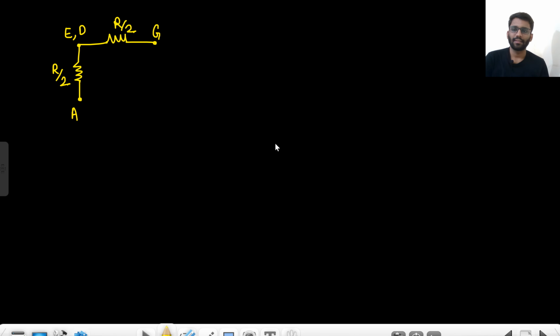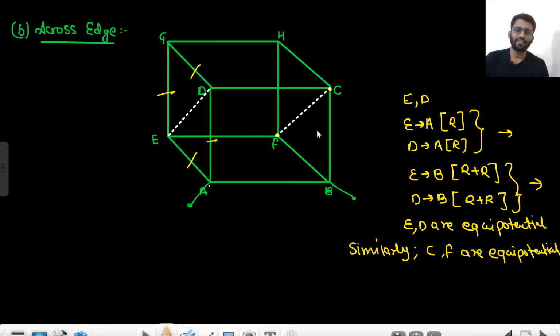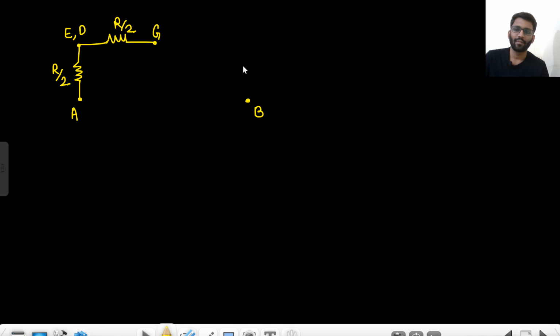Okay, let's consider the point B. From point B to C and F, we will have R and R parallel. So it will be R by 2.